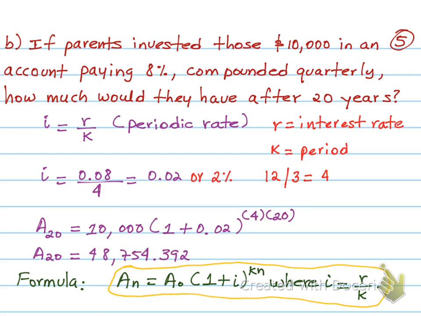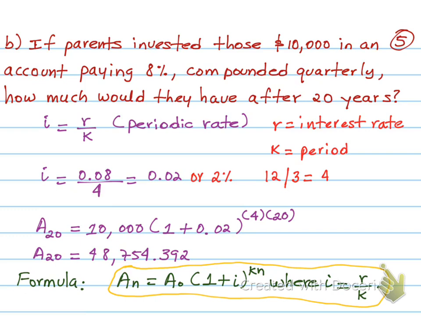So the formula we're using when we have a different compounding is AN is equal to A0 times 1 plus I to the K times N, and I is equal to R over K. This is what you have to do when you're using a different compounding, instead of annually compounding.